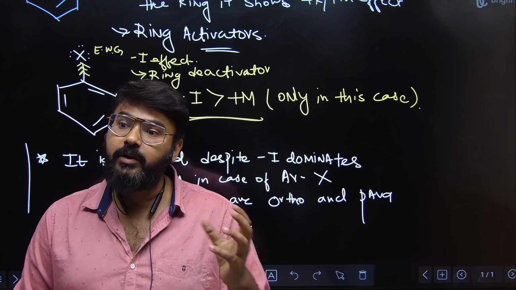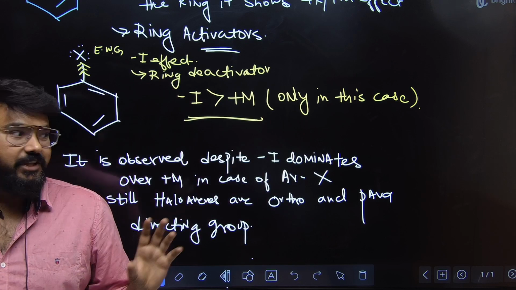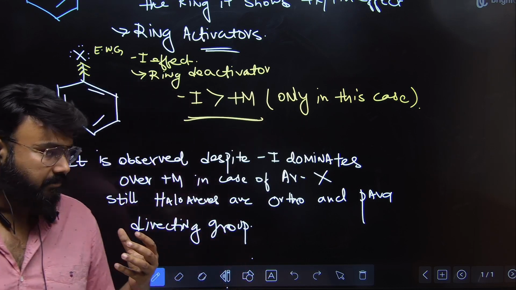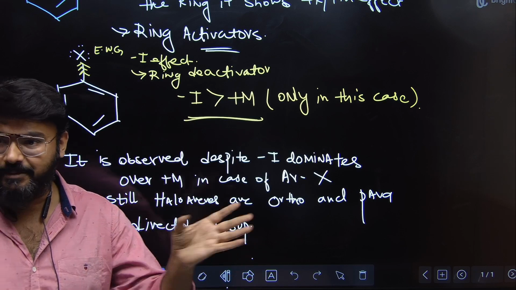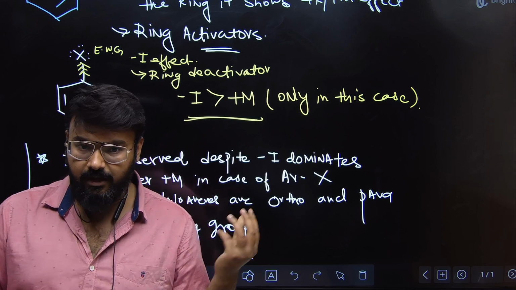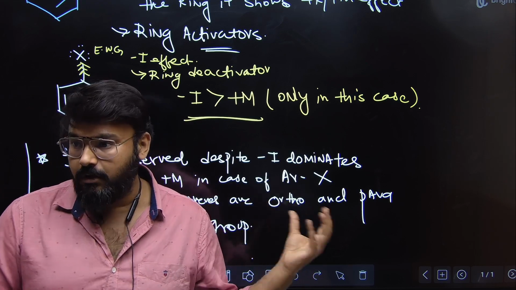Then we develop theory according to the result of experiments. You got it, no? There could be a lot of theories, and there are some with no theories also. They just say it happens like that. But I'm going to give you the most accepted theory, as per the latest convention, which they follow in JEE exams also.